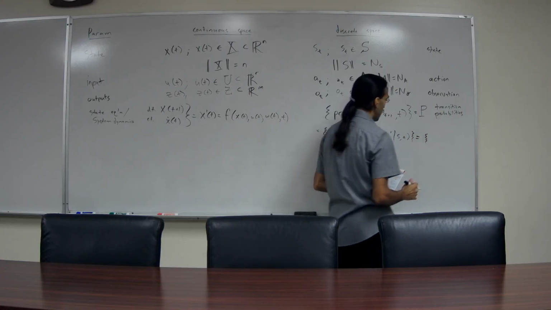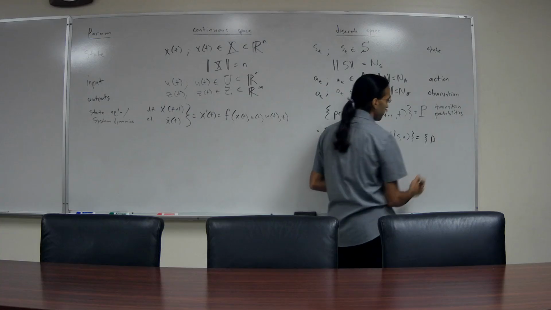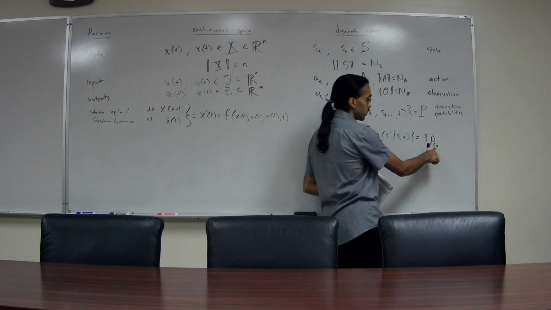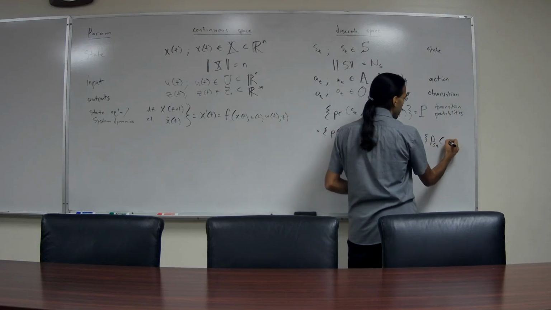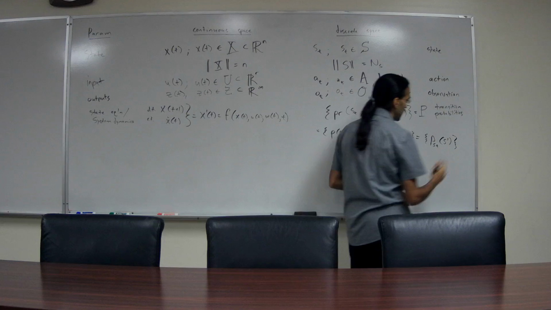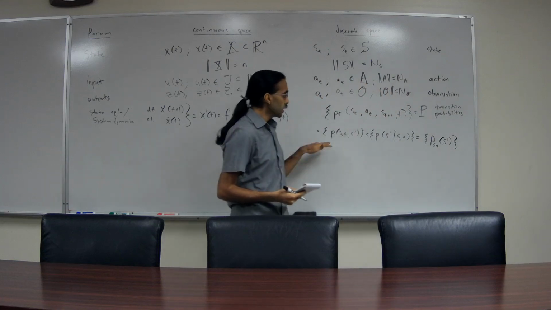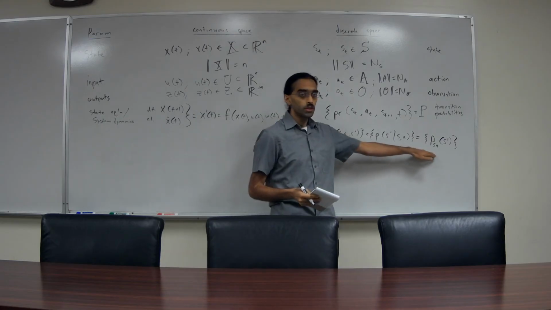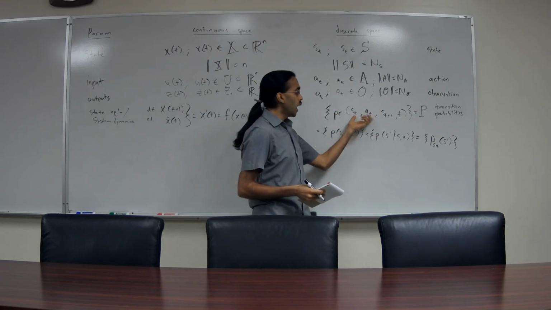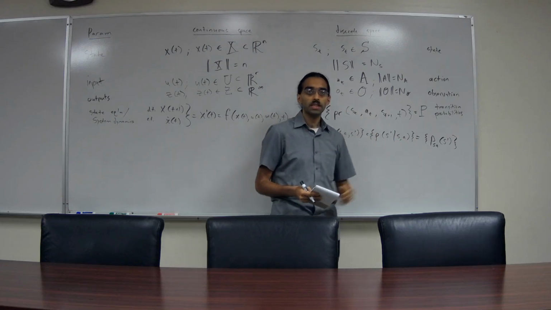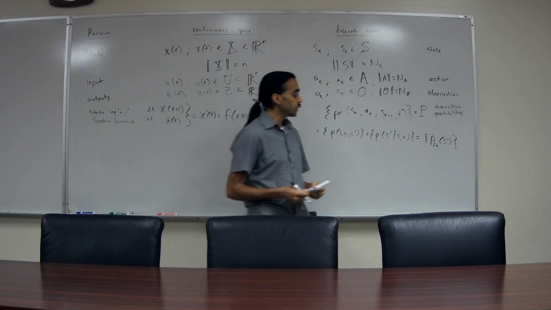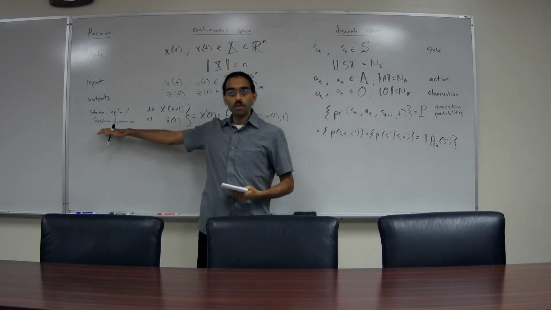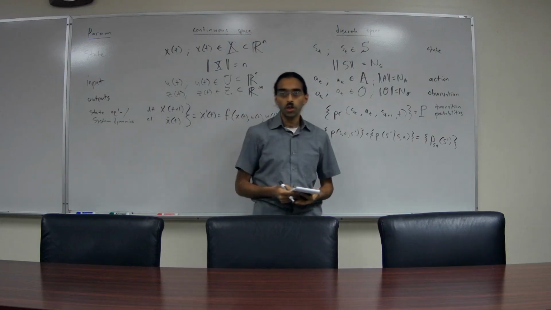Sometimes we may see it written as P with a subscript SA. So the probability where you start in state S and take action A of ending up in state S prime. So we'll see all these notations. Fundamentally, what this is referring to is the probability of a particular state action next state triple. These transition probabilities serve the same functionality as our state equation or our system dynamics.